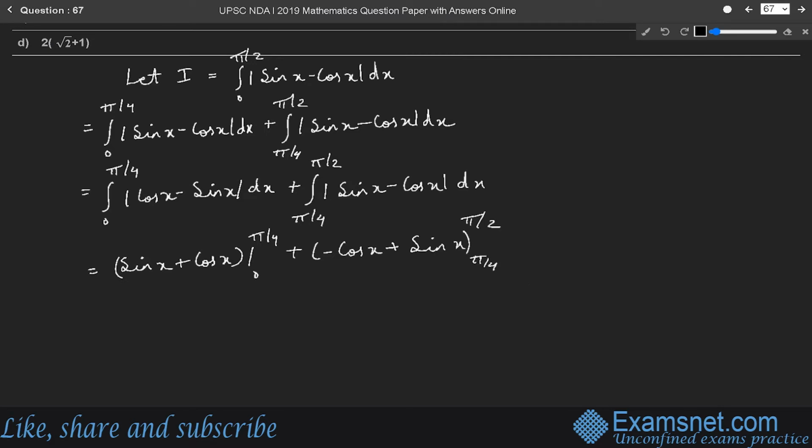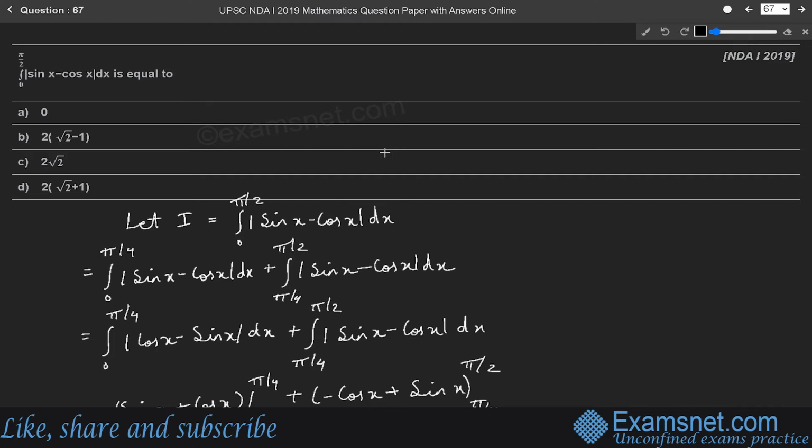These are the limits. So on putting the limits, we will get 2 into root 2 minus 1. So this is the required value for the given trigonometric expression. Therefore, the correct option is option number B.